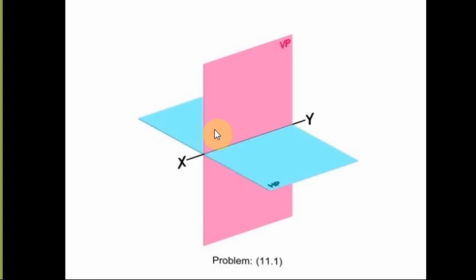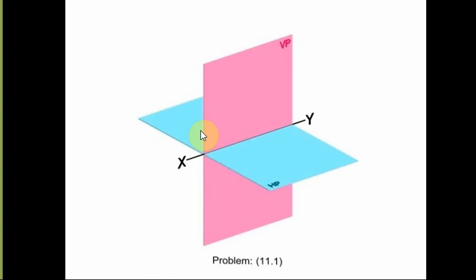We know the concept of orthographic projection. This is the x axis, this is the y axis. That's for normal 2D drawing. When we come to orthographic projection, we extend this x axis to a plane. We call it HP, or horizontal plane.